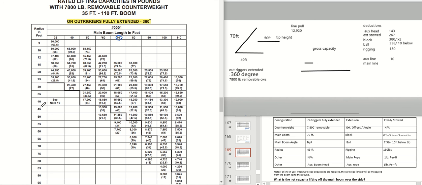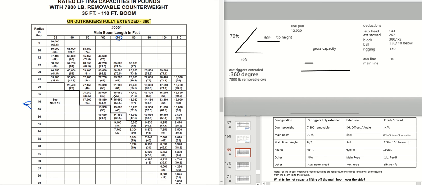So we are between these 2 charts on your load charts. So this tells us we've got to find what radius we're going to use. So the rule is if you're between boom length or radius on your load chart, then you're going to go to the lowest capacity, the smallest chart.